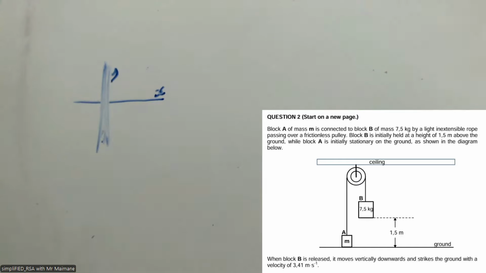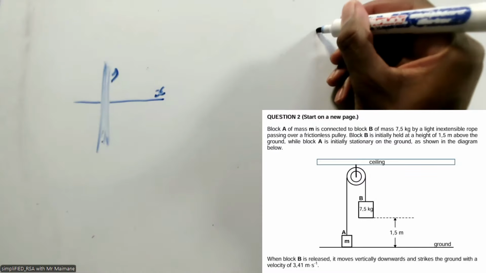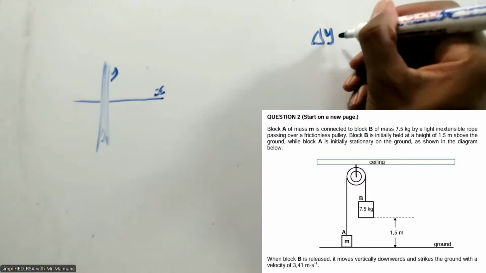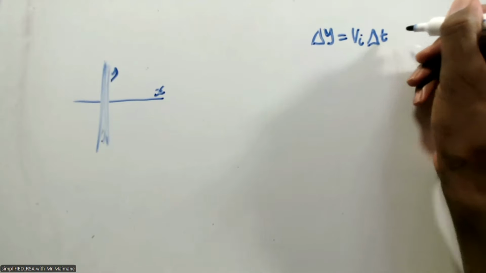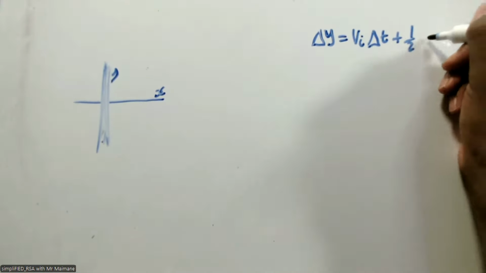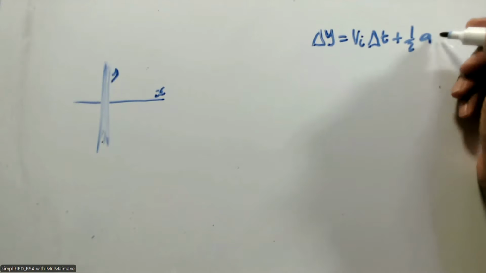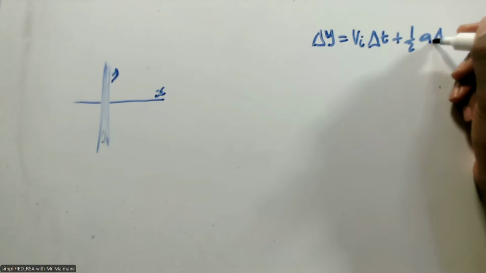And of our choices of equations of motion, the first one would be change in y is equal to v initial change in t plus 1/2 acceleration change in t squared.